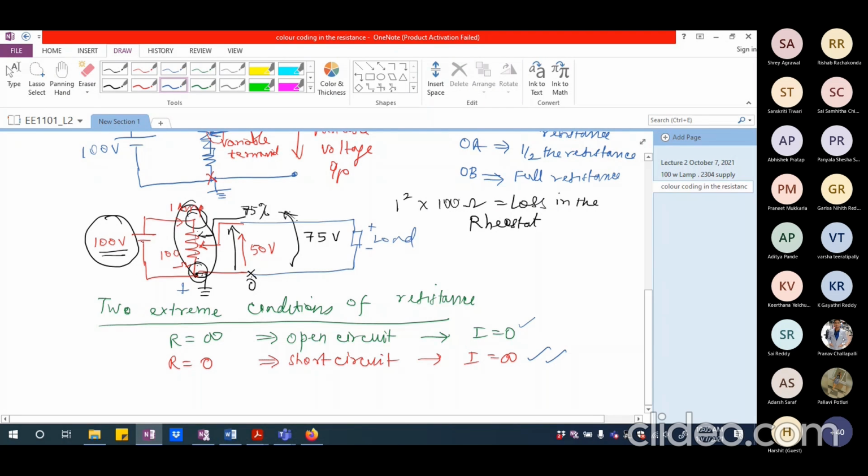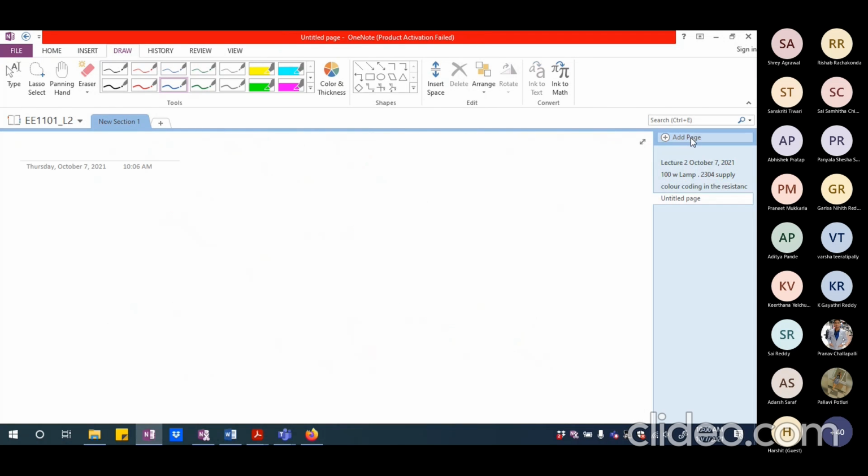Yeah. So these are essentially the extreme conditions of resistance, open circuit and short circuit. We should be aware that these indicate the current to be either 0 or infinity. Fine. So now let us take a look at the two laws which are commonly used for calculating the current in any circuit.